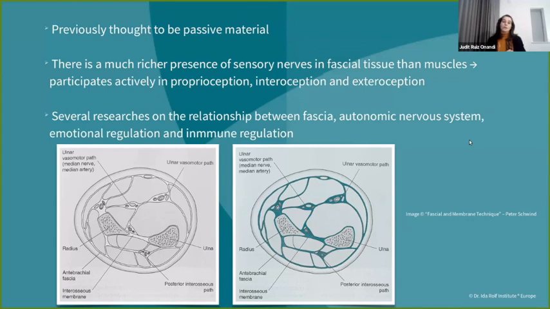And the two images below are basically the same image. In the second image, I was just having fun coloring the fascia in green. It's basically the forearm. If I cut the forearm and look at it like this, this is what you are going to see. You can see how it is enveloping the whole forearm, and then it's like little compartments.